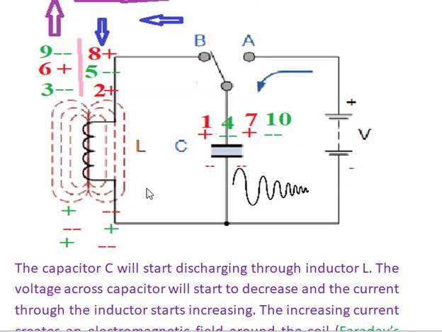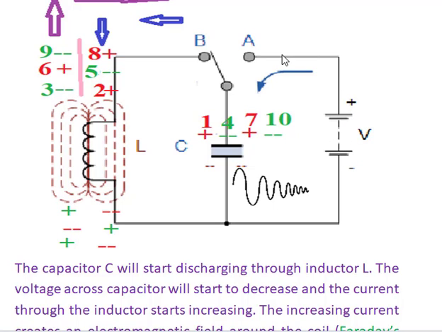See here, it is the tank circuit in the LC oscillators. It is the inductor coil, it is the capacitor, it is the voltage source. Initially, this pole is connected to point A. Then it is a voltage source.